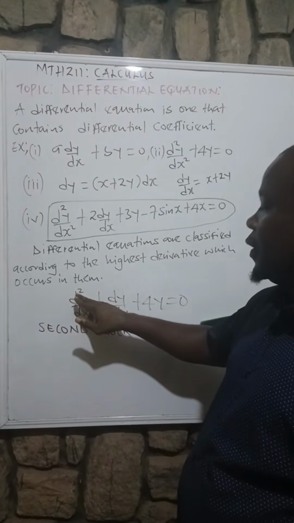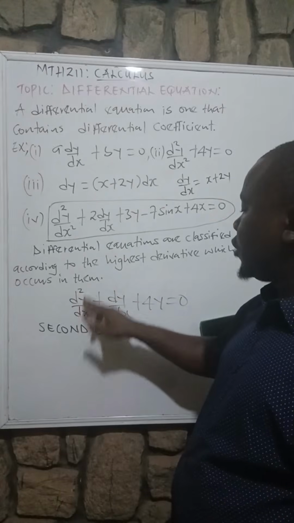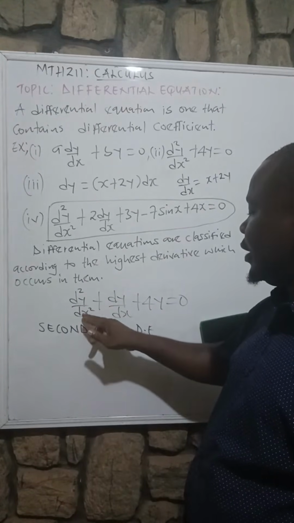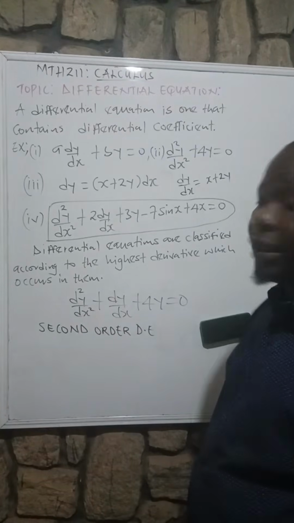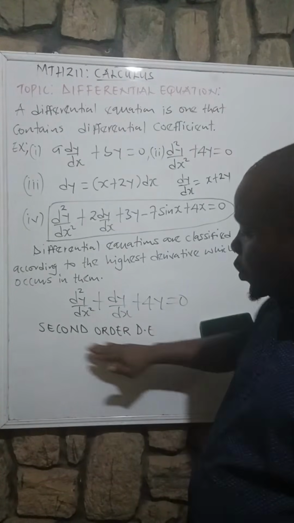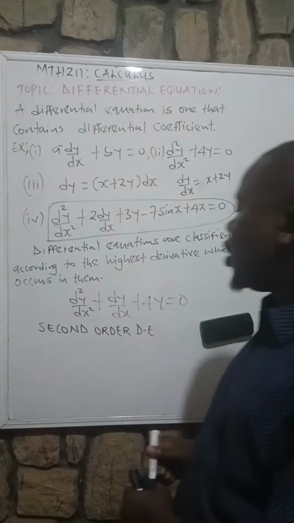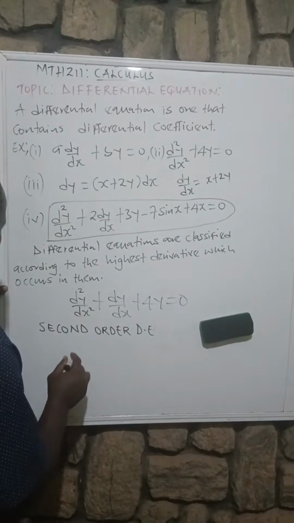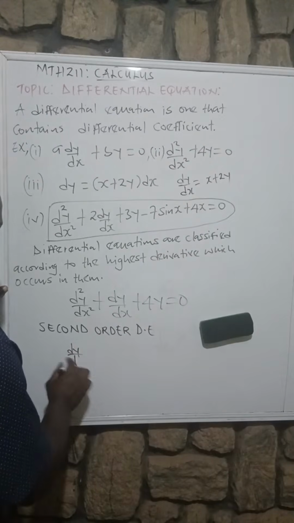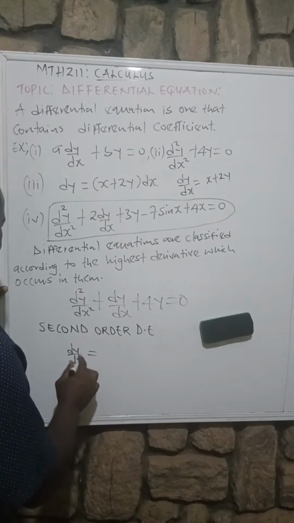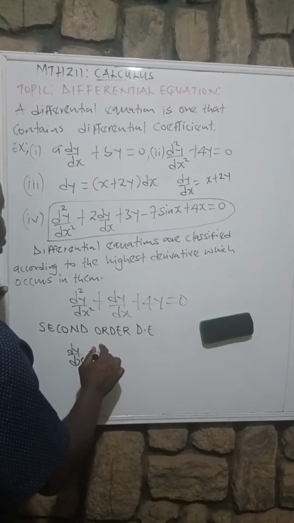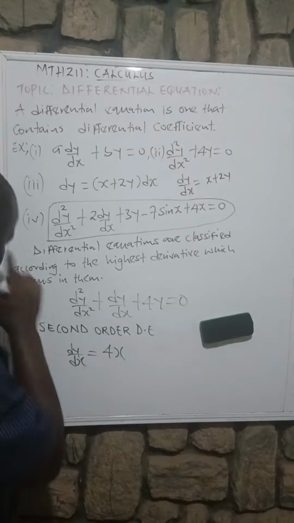Why? Because it is d squared y all over dx squared. Is that clear? So it is known as what? Second order. Why this: dy all over dx equals to 4x?